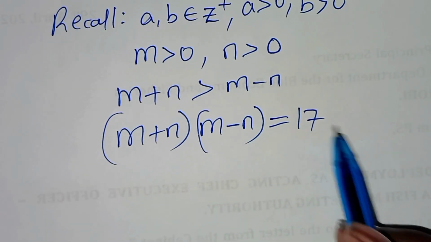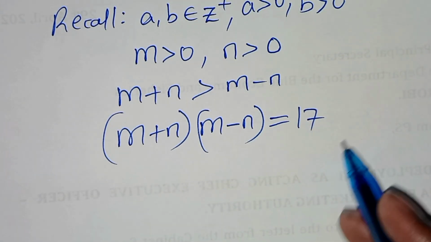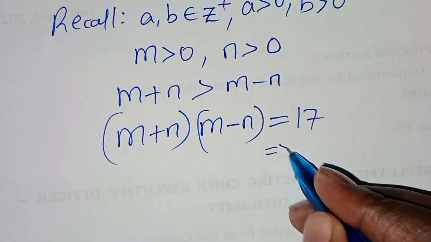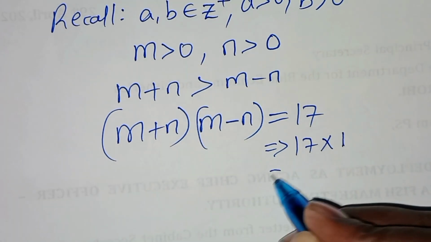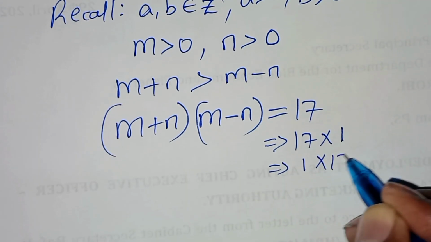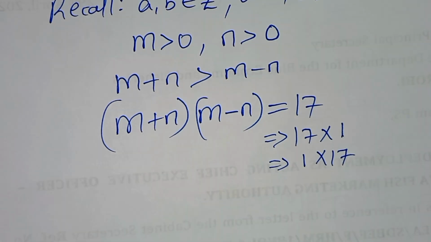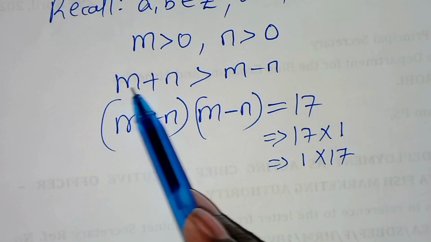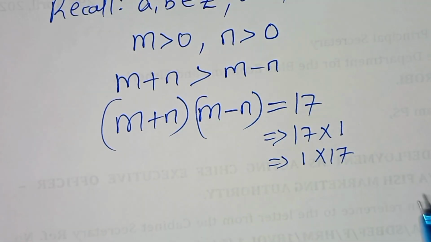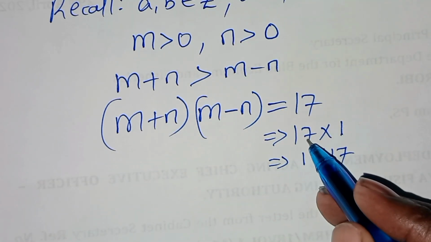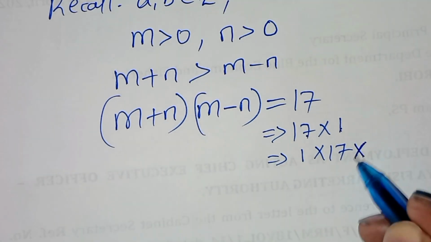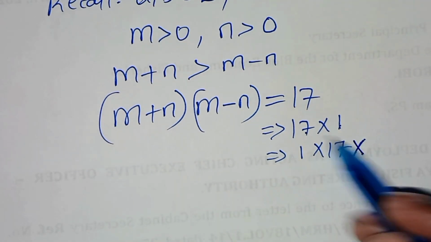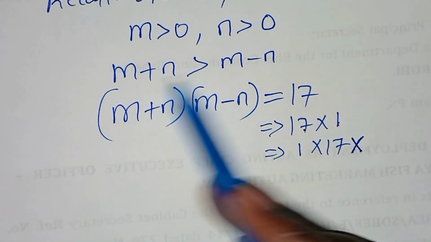Now, let's get the factors of 17. The factors of 17 are 17 times 1 and 1 times 17. Following the condition that m plus n is greater than m minus n, we only have 17 times 1. The 1 times 17 does not satisfy the condition here.